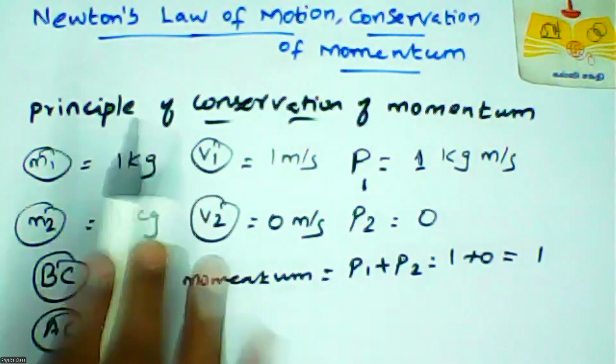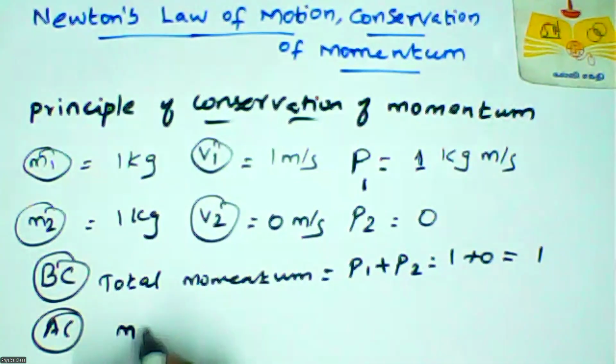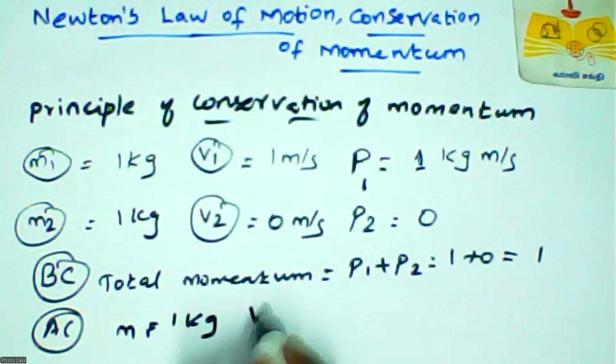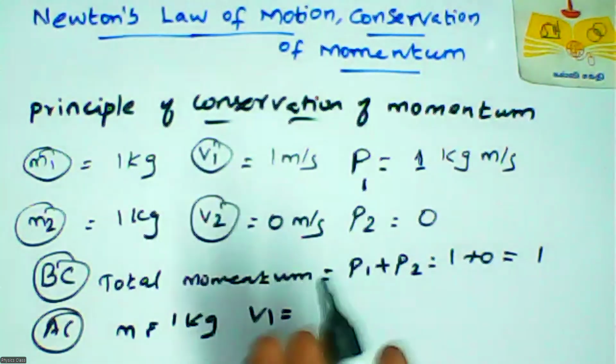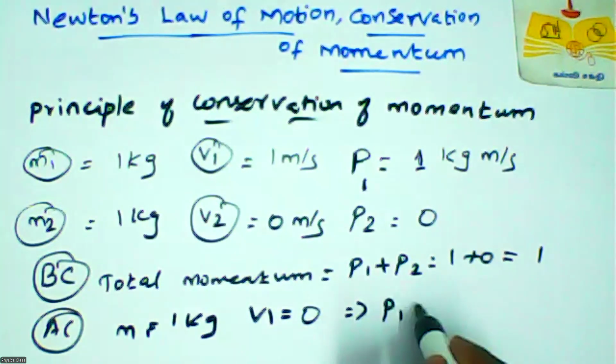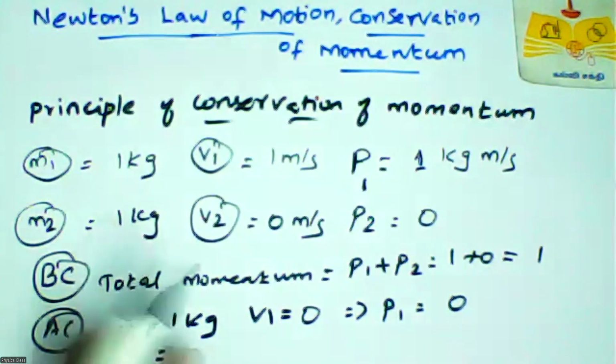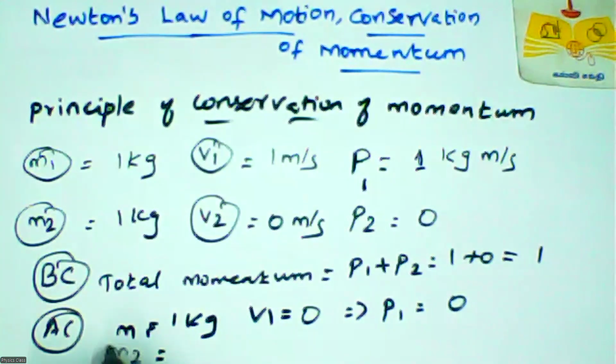After the collision, the mass is the same, but velocity changes. So m1 is 1 kg, but v1 stops. That is, ball 1 stops, so velocity is 0, which implies P1, m into v, is 0. For the object m2, 1 kg, but velocity now 1 meter per second.